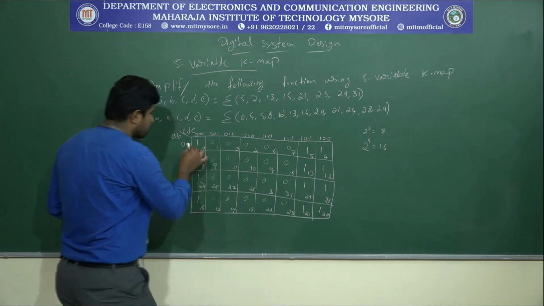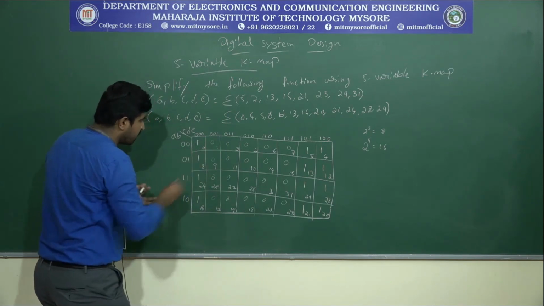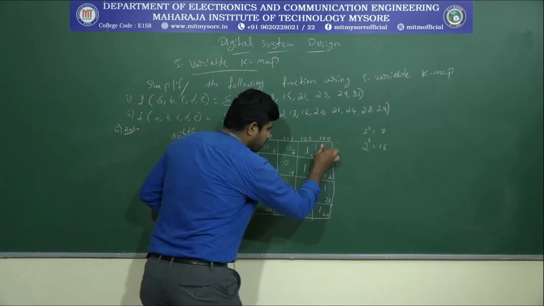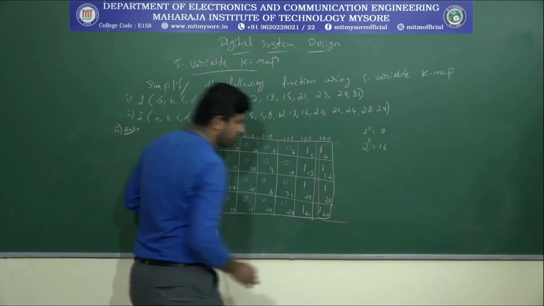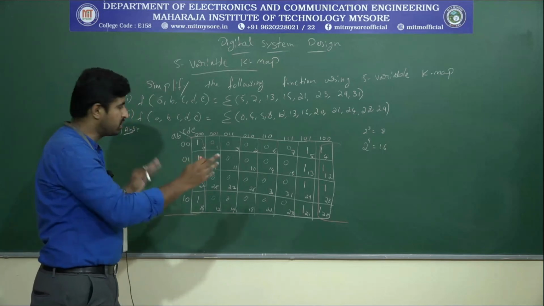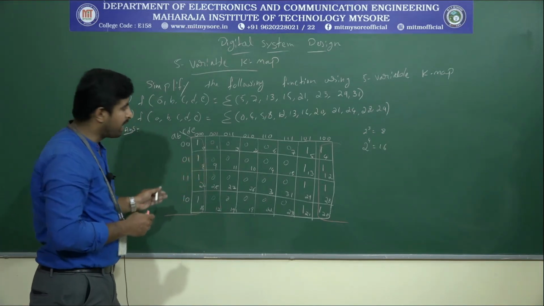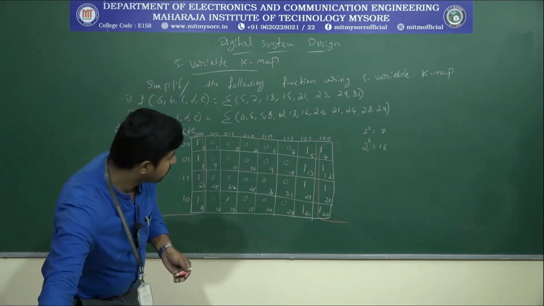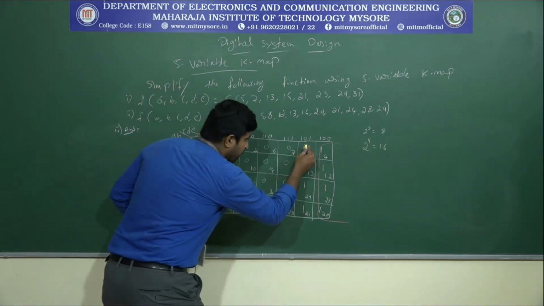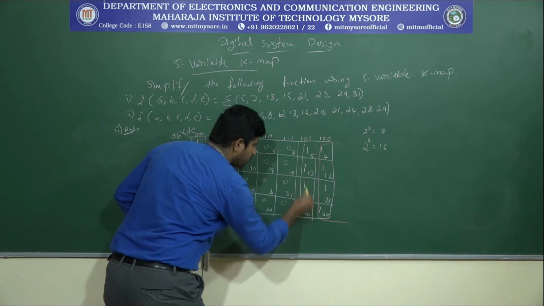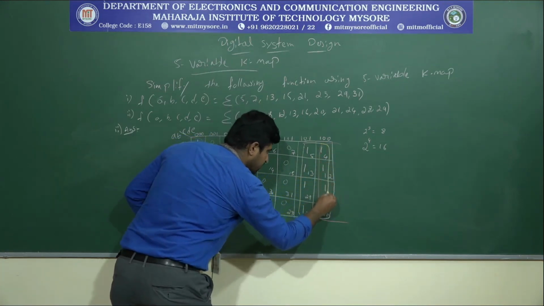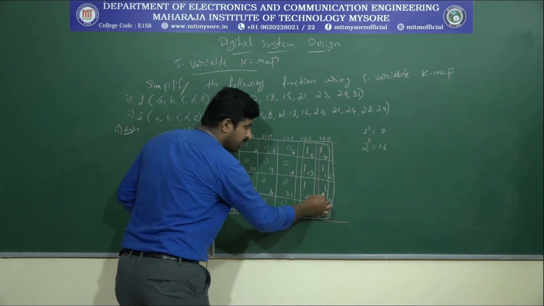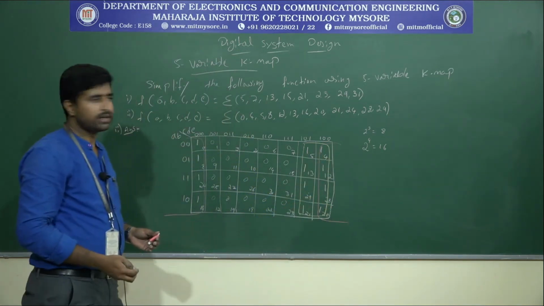So we make 0, 8, 24, 16, 4, 12, 28, 20 one group. These are the 8 cells in one group. Again, we can make another 8 cell group with 4, 5, and these, because 5 is adjacent to 4 and similarly 29 is adjacent to 28.